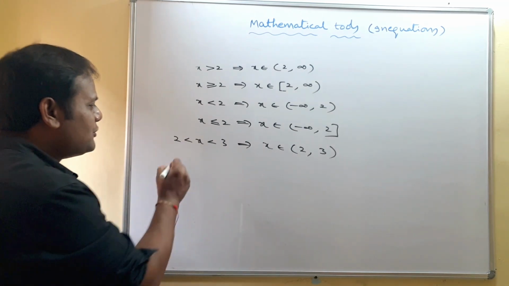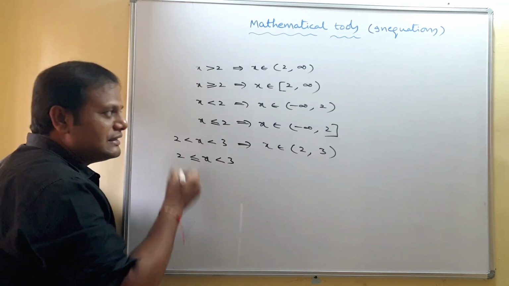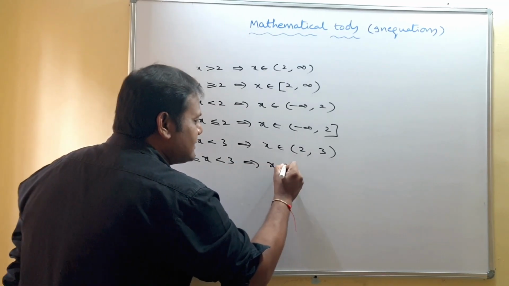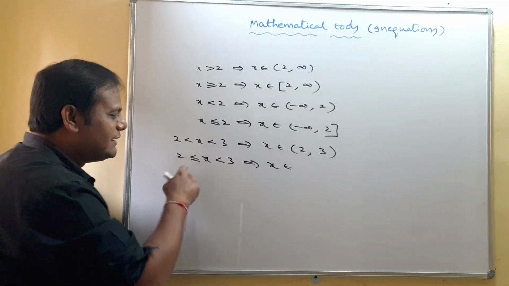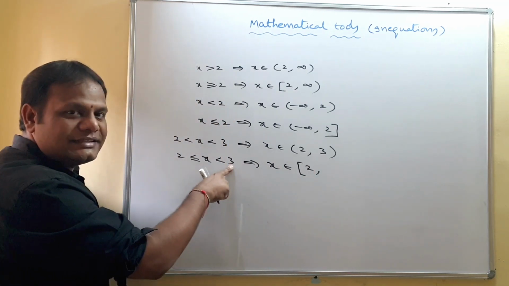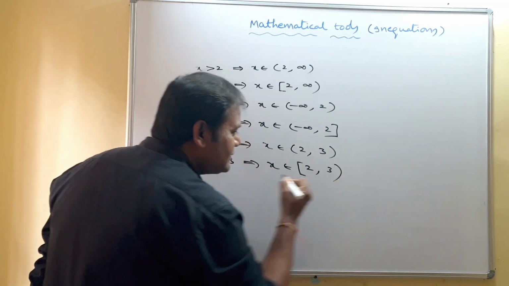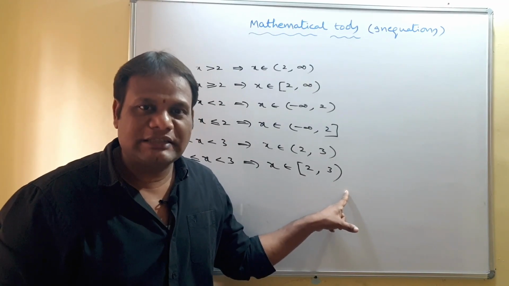Suppose there is 2 less than or equal to x less than 3, then x belongs to, is 2 included? Yes, 2 is included, so at 2 you take closed interval, but 3 is not included, open interval 3. What is the meaning of closed interval 2, open interval 3?